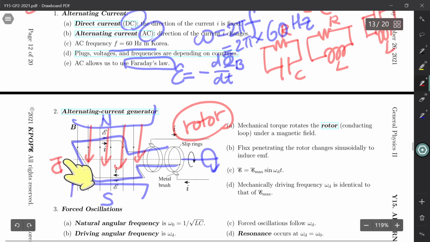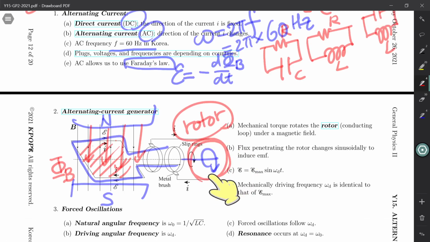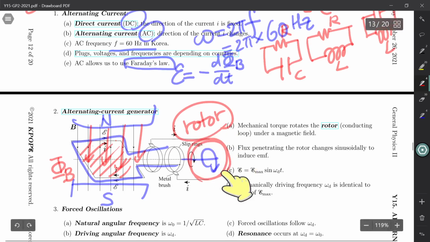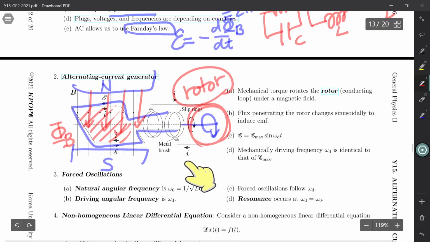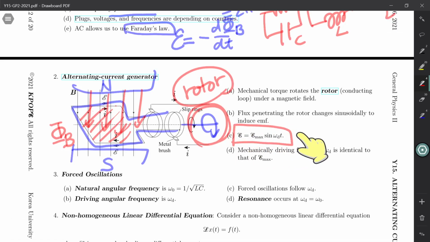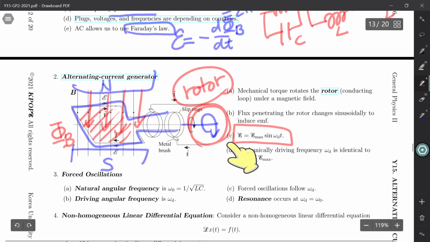then the flux phi b passing through this circuit changes depending on time because the axis rotates. And if it is rotating with the uniform circular motion, a fixed angular frequency, then the generated electricity has the time dependence of sine, either sine or cosine omega t.